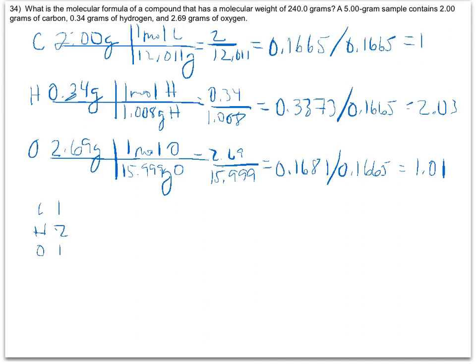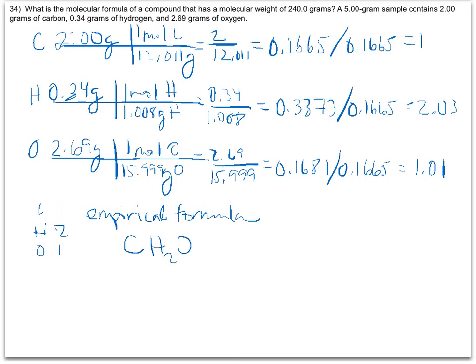So that's our subscripts. So the empirical formula is CH2O. Remember, we don't have to write the subscripts for the ones, okay? So that's just to get the empirical formula.